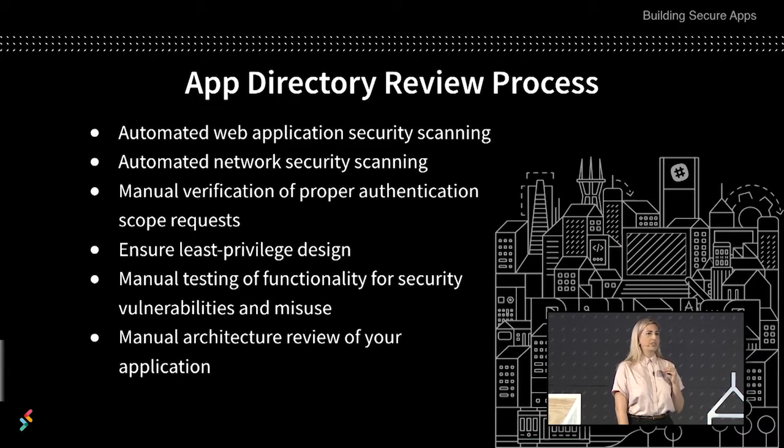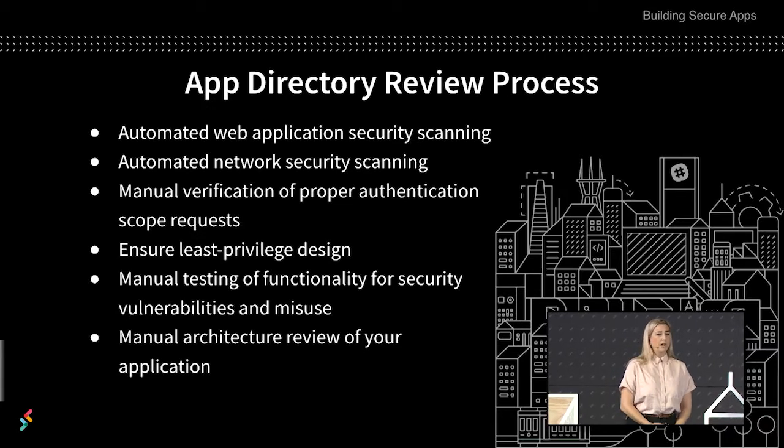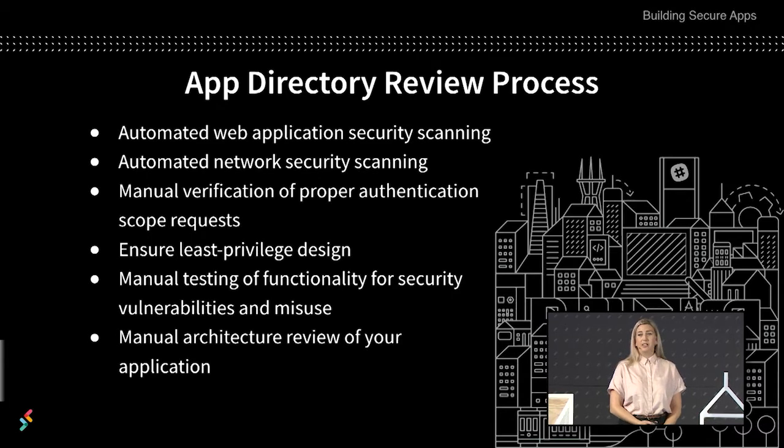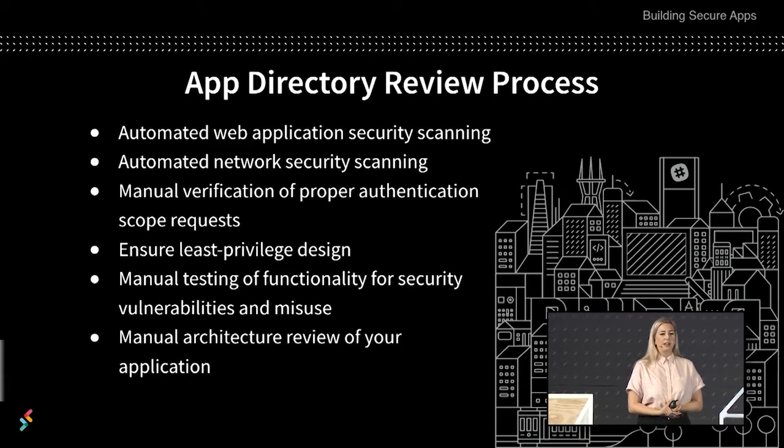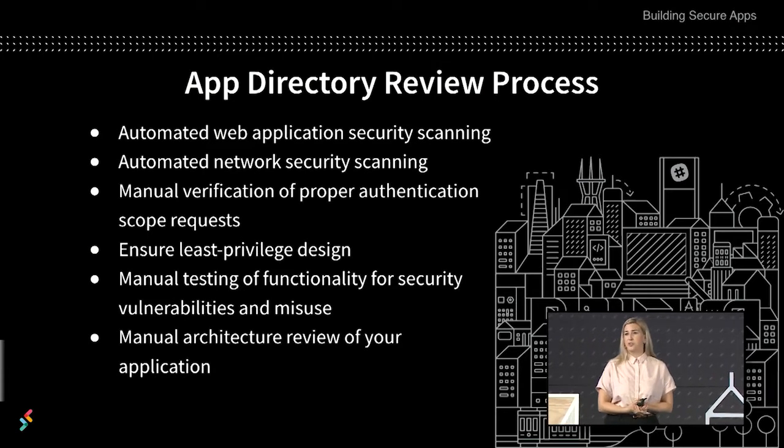And we ask that you not overscope your apps and not request more data than you actually need access to build your cool integration. So if your app is overscoped, we will contact you and ask you to correct that. We'll also perform some manual testing of functionality for possible vulnerabilities and misuse of some legitimate functionality of your application. And finally, we'll perform a manual architecture review of your app.